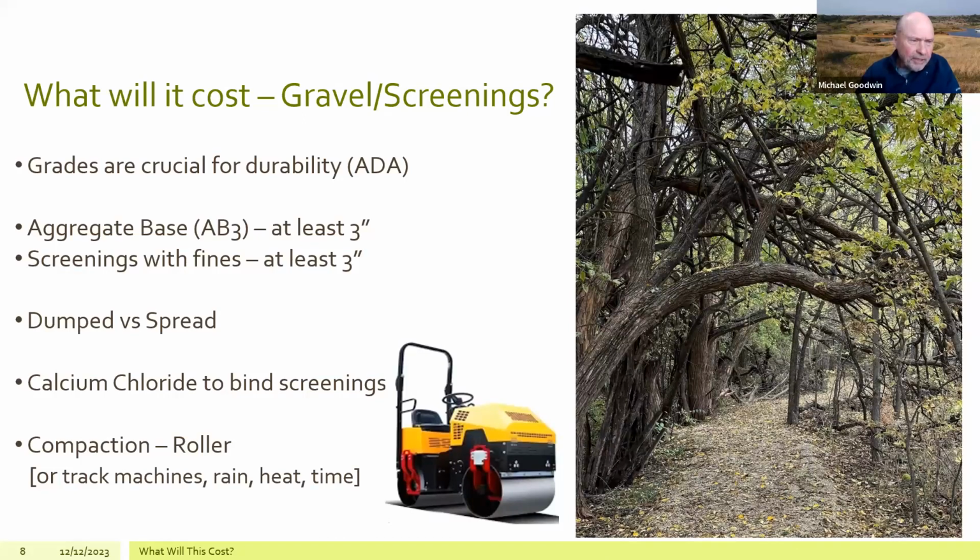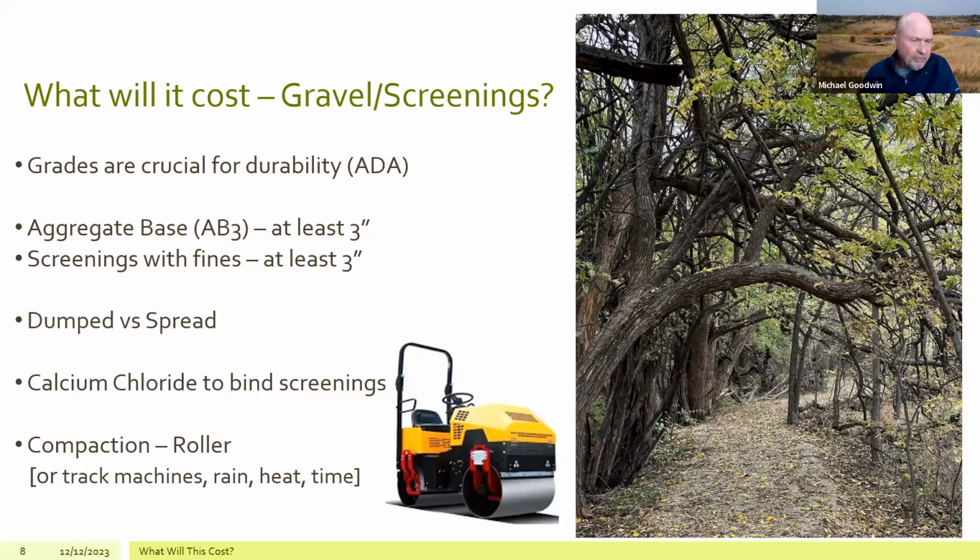So with regard to the materials itself, you want to put down an aggregate base, AB3 or similar, at least 3 inches deep, and screenings with fines. And fines is the dust that comes along with the screenings, another 3 inches, so that you have 6 inches of material. And then the other thing that factors in to some extent to the cost of laying down the gravel is whether it's dumped or spread by the contractor.